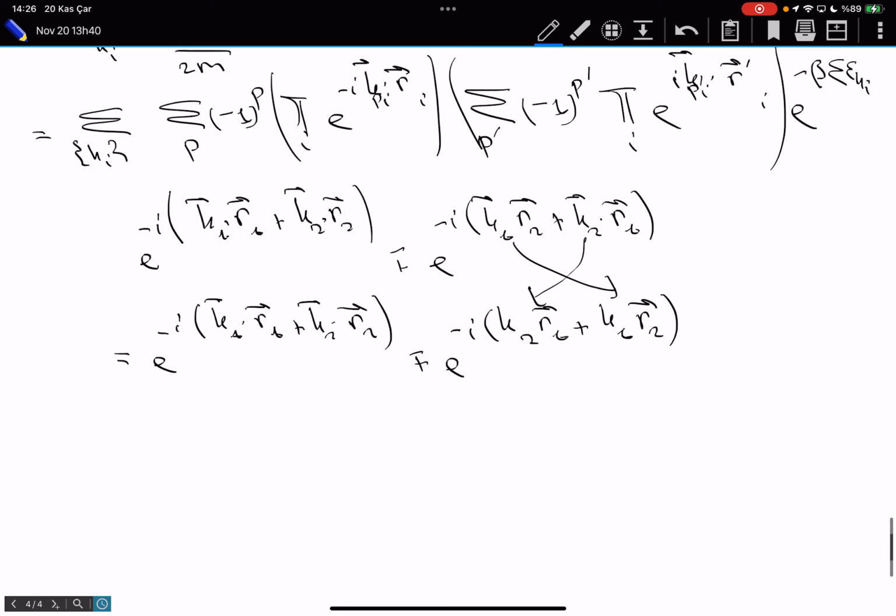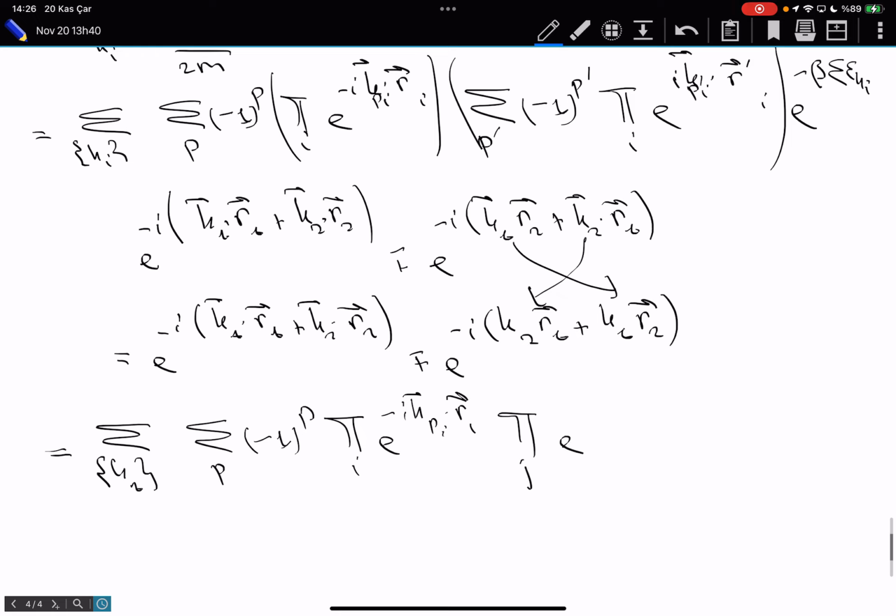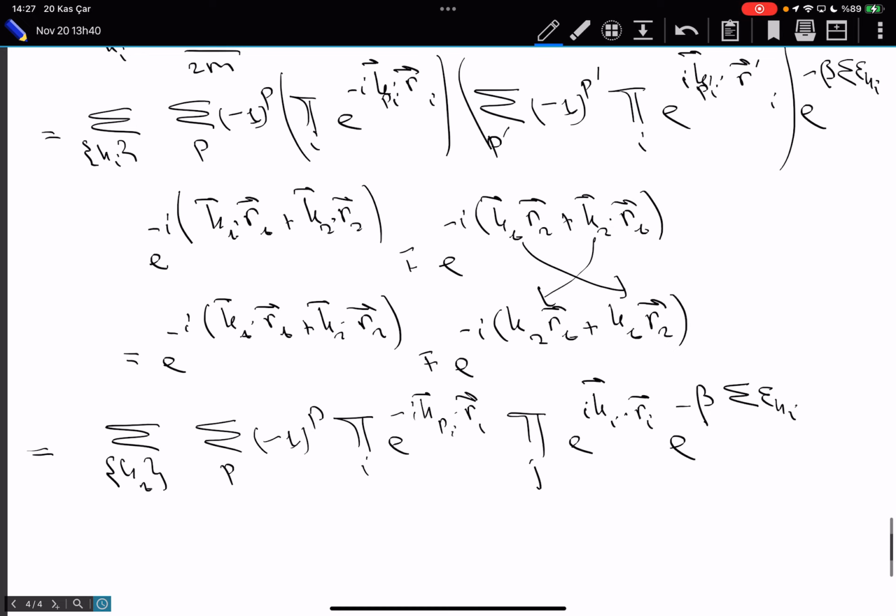And in fact, I can just write this as sum over K1... You see, if I have n terms, I can consider n factorial possible permutations.